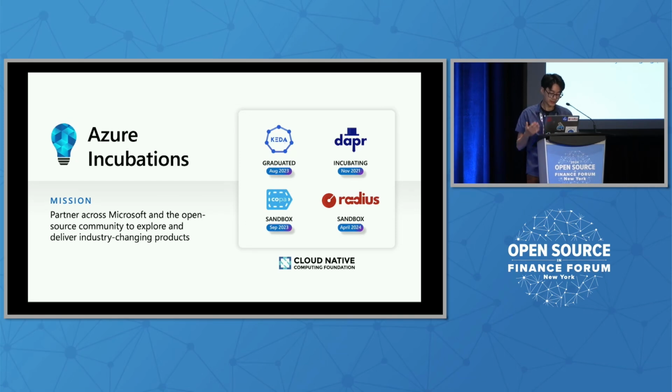Copacetic provides mechanisms to quickly patch container images to greatly reduce the response times required to address security exploits or security vulnerabilities. And then lastly, Radius, which we'll discuss in much more detail later on here. We're very happy to have Radius go into the CNCF as a sandbox project in April of this year.